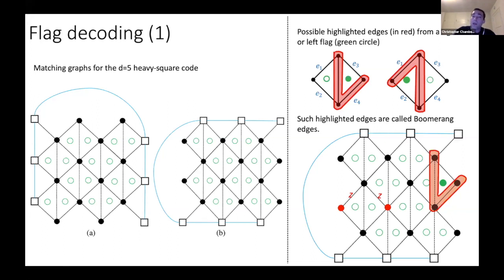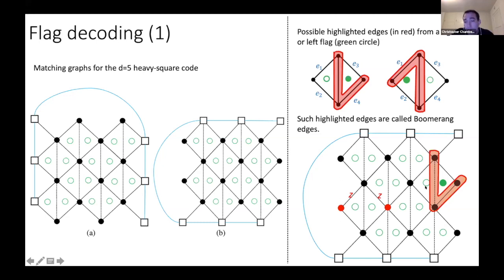And the idea is going to be to dynamically renormalize weights that are inside these disks, or in this case, the boomerangs, and outside of the boomerangs. And the reason I say dynamically is because at each time we measure the syndromes of these codes, there could be different flag qubit outcomes. And so we have to update our information and take that into account.